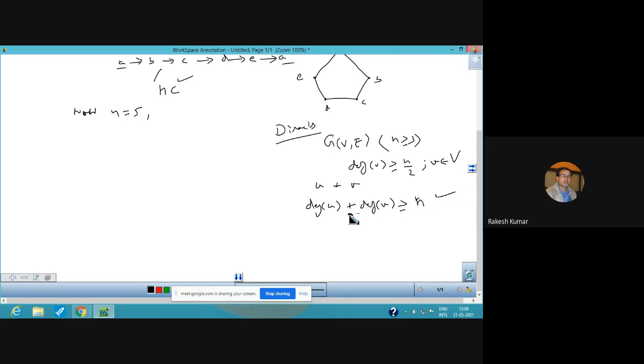Sorry, this is the statement of Ore's theorem. In Dirac's theorem, we have the statement that the degree of each vertex should be greater than or equal to n/2. In the statement of Ore's theorem, for two non-adjacent vertices, the sum of their degrees should be greater than or equal to n.